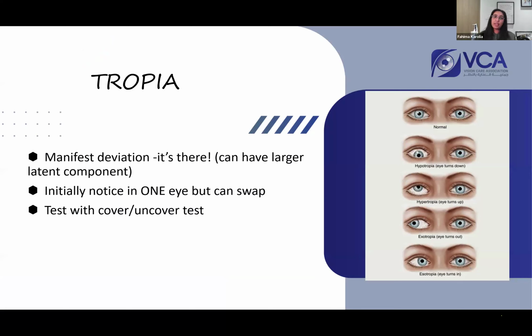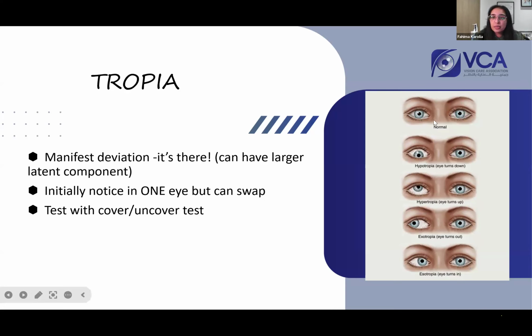Over here in the region, Hawal sometimes, and Haraf they call it. It's a manifest deviation. It's there all the time. It can have a larger latent component, but we know that if you look at the patient, they've got a squint, okay?